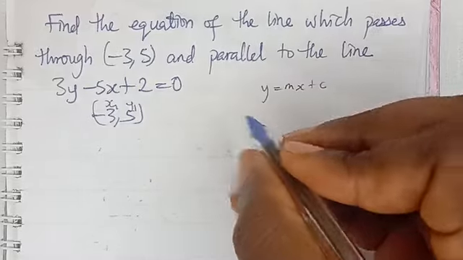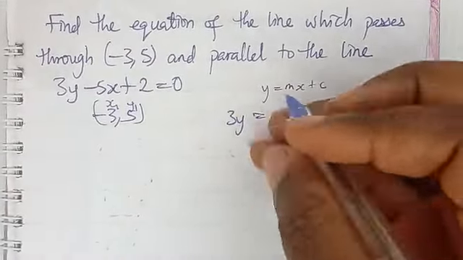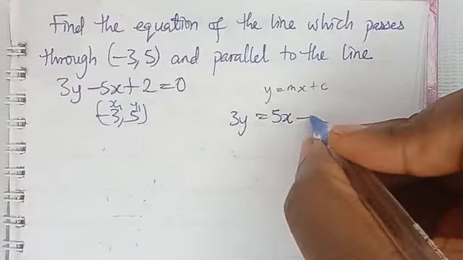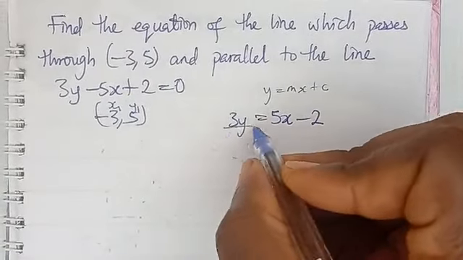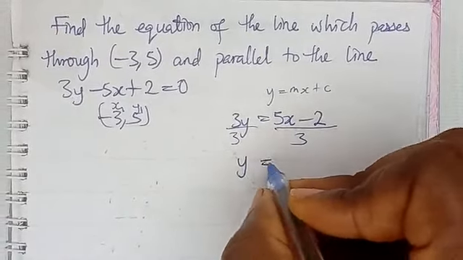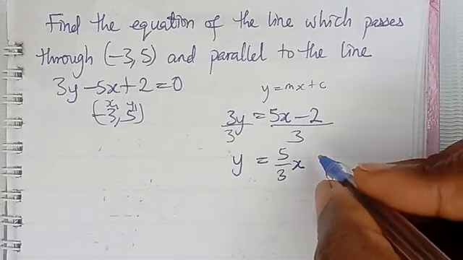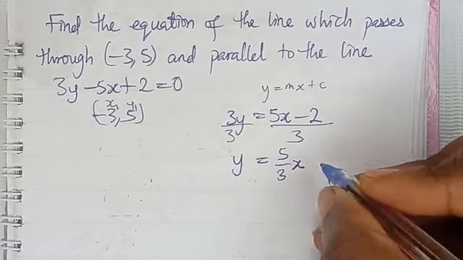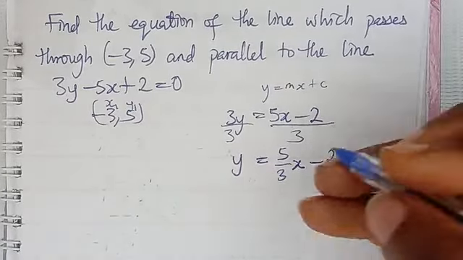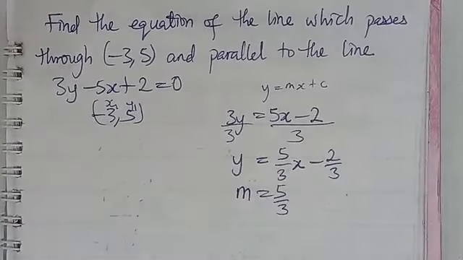We now have, so we leave the 3y on this side equal to minus 5x crosses over to be 5x and then minus 2. We divide all through by 3. We now have that y is equal to 5 over 3 x, and then this becomes minus 2 over 3. So from here we have that the gradient is equal to 5 over 3.